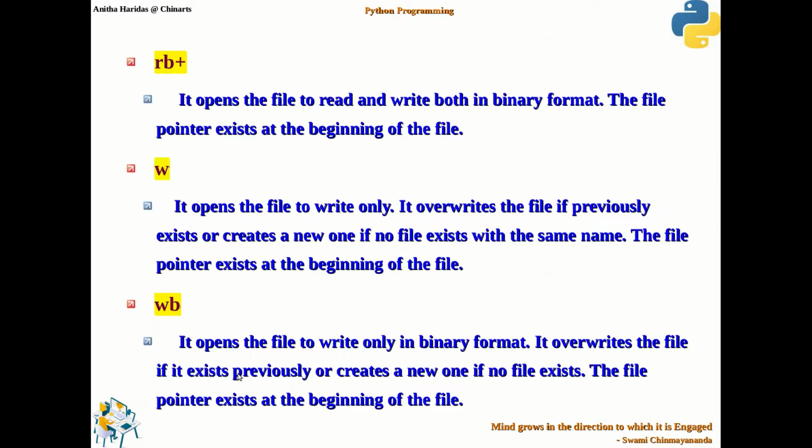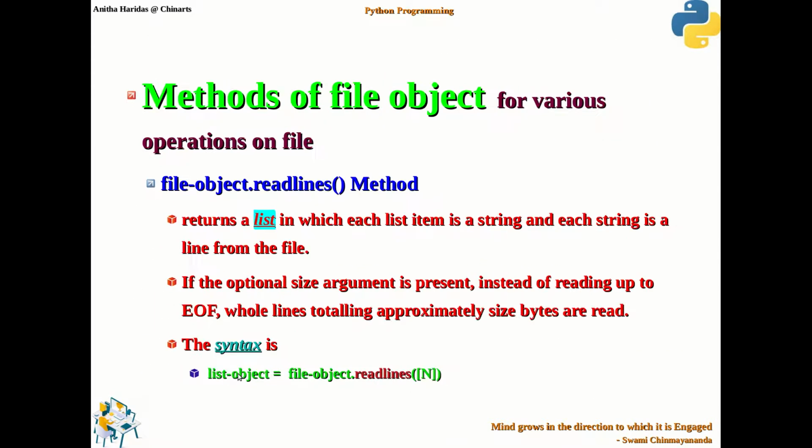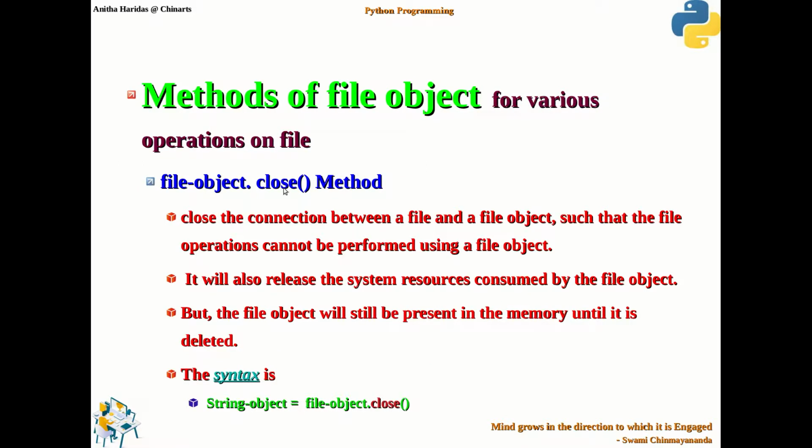Once you open, you can read the file using the readline or readlines method, then you have to close the file. What it does is close the connection between a file and a file object, such that file operations cannot be performed hereafter using that file object. Once you use the close method, this file object cannot be used for performing operations on the file.